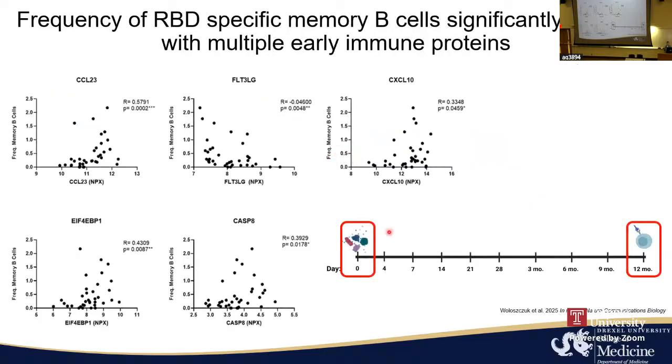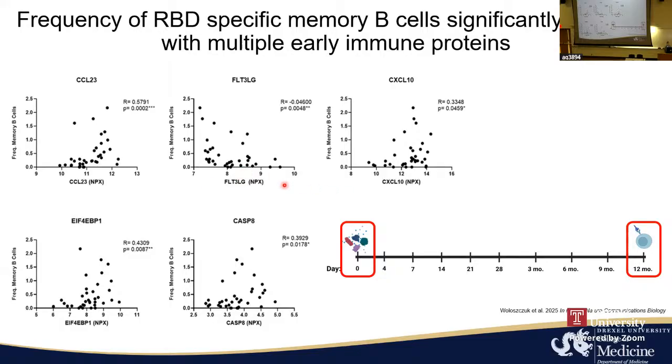We looked at correlations at early time points. At day 0, these patient samples were used for O-link analysis, and we had a 95 panel of different inflammatory cytokines and chemokines. We correlated all of these different protein O-links with the frequencies of memory B cells, and we saw a few positive and negative correlations.